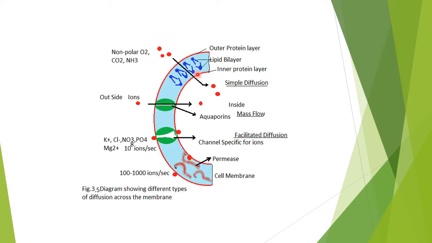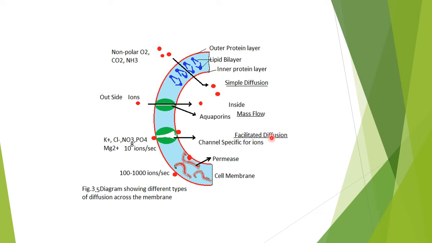You can see with the simplified diagram, this is the plasma membrane. These are the lipid bilayers. Here, non-polar oxygen, carbon dioxide, and ammonia can cross the lipid bilayer. It is called simple diffusion. Or you have the aquaporins here, where outside ions can cross inside, as per the mass flow along with the water.